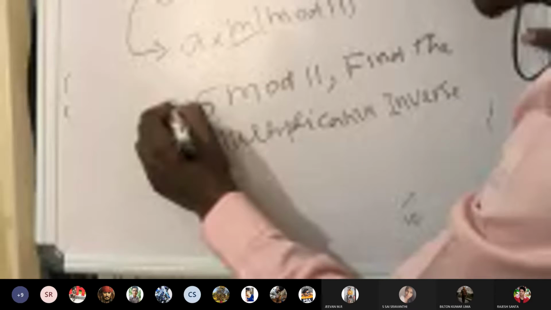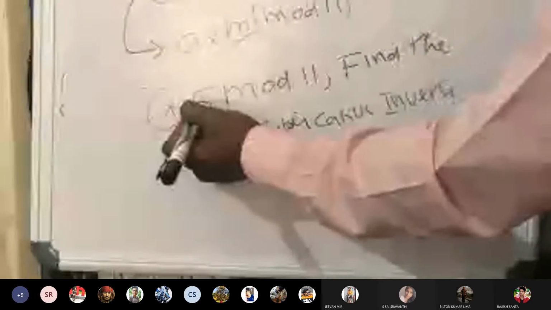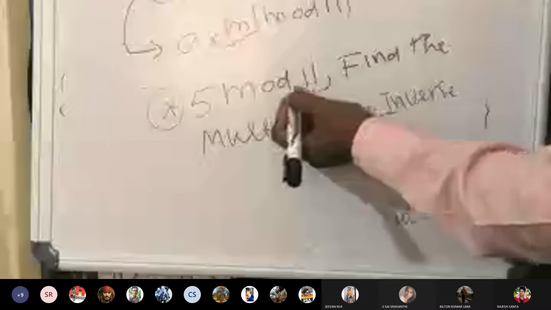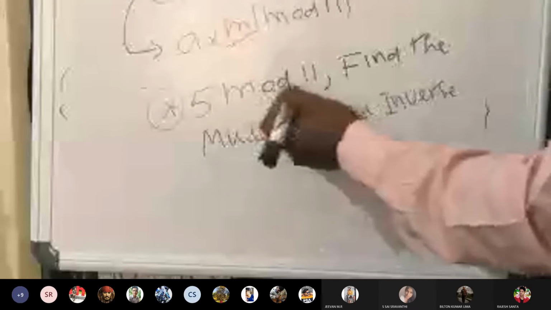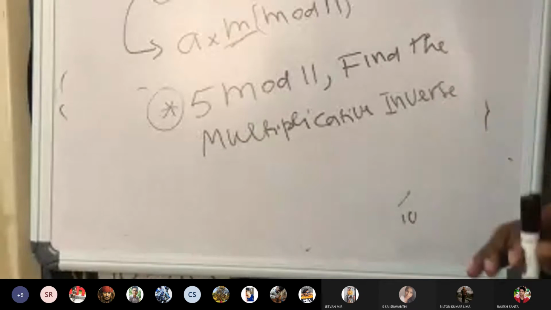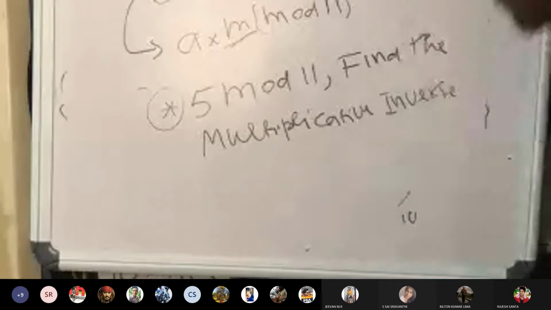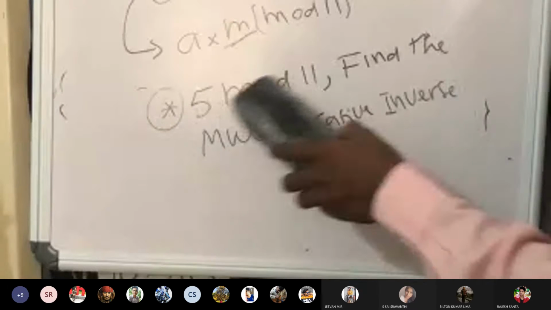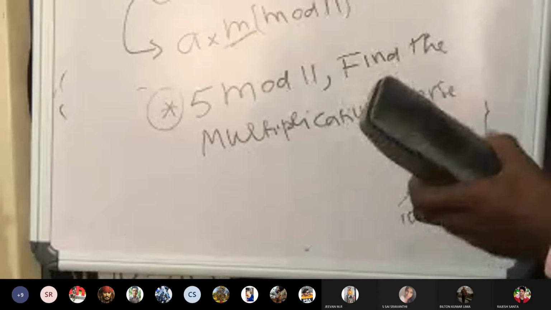We want to find the multiplicative inverse. Which number can we multiply by 5, mod of 11, to give the residue which is equal to 1? That's the third. Which number do we want to multiply by 5 to give the remainder equal to 1? That's what you want to calculate.